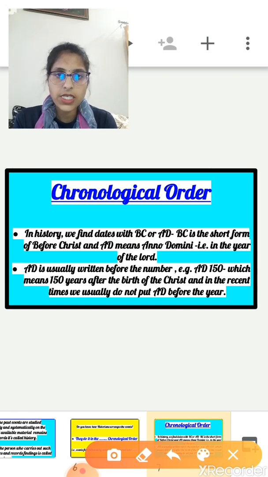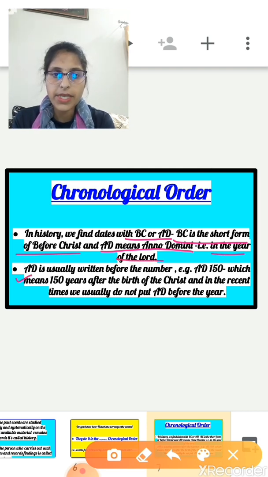Now, the chronological order. Basically in history we find dates with BC or AD. I think you have all seen this in the history book, right? First, we understand BC is the short form of Before Christ and AD means Anno Domini. Clear? BC means Before Christ and AD means Anno Domini, that is, in the year of the Lord.